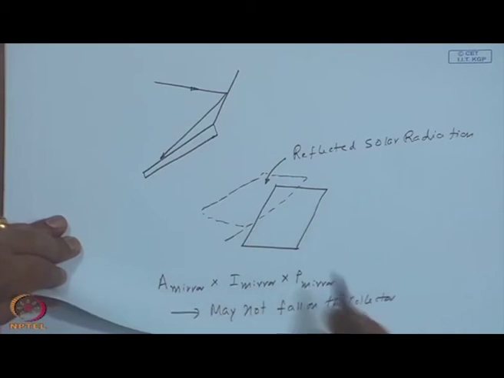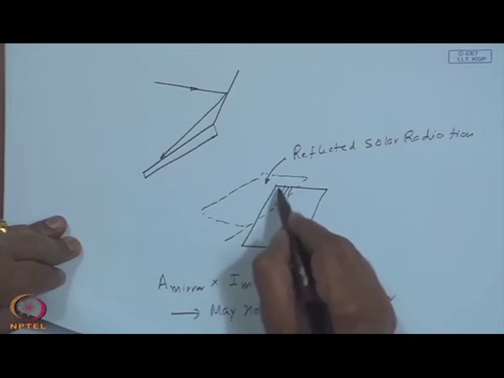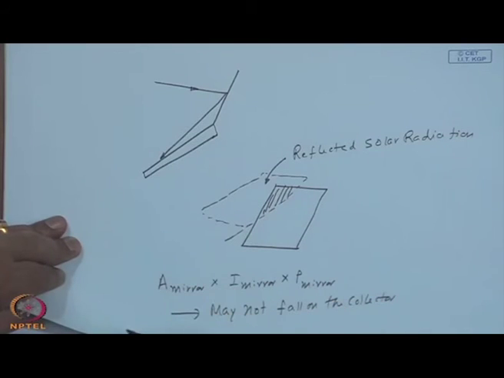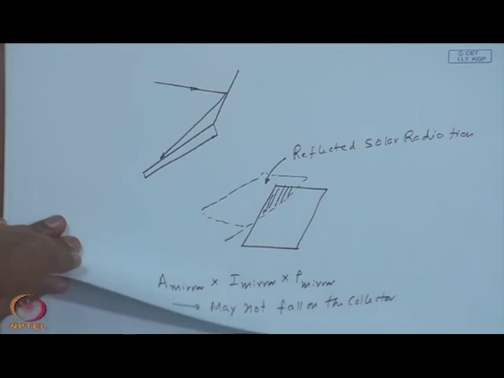In this case, this is the only area that is getting enhanced solar radiation because of the mirror's reflection. This may be considered as a beginning of concentration. In other words, we are trying to have a higher intensity of solar radiation on the collector surface by reflecting onto it from another area.